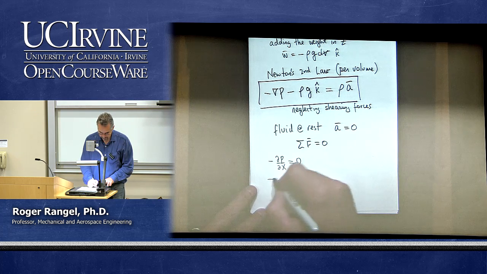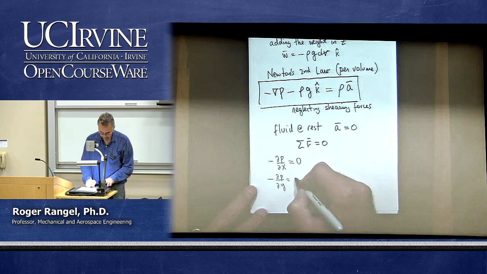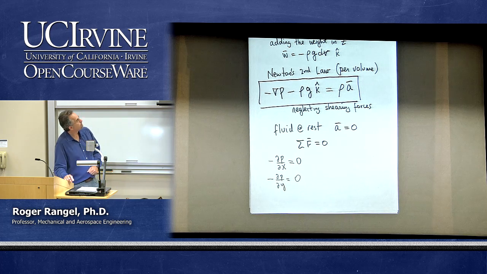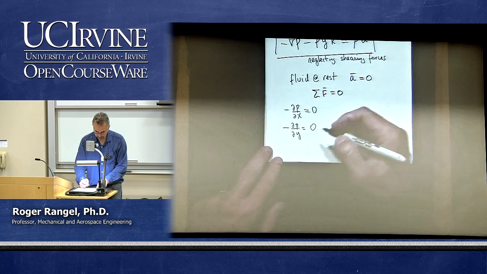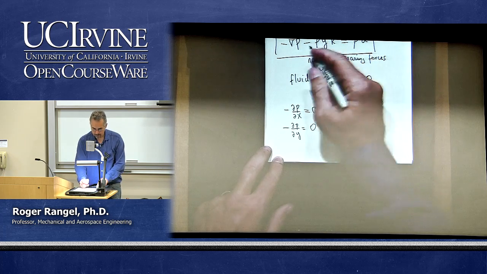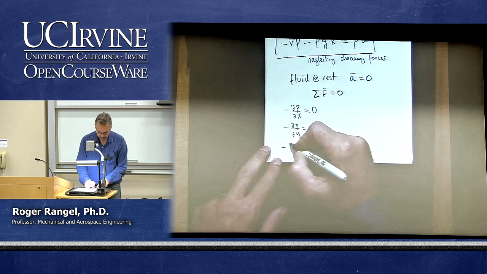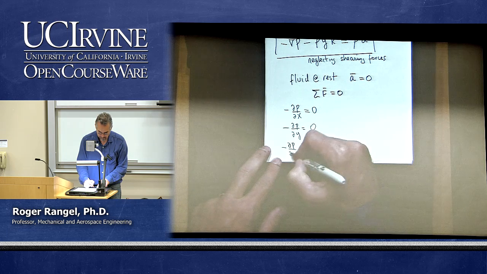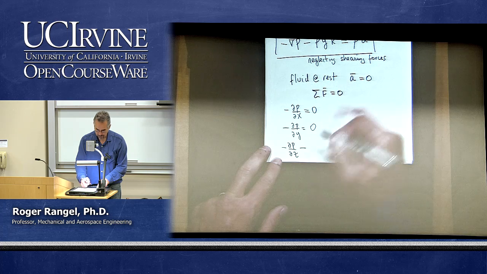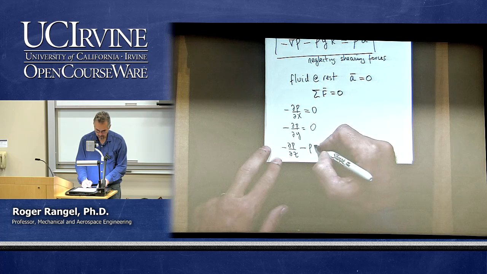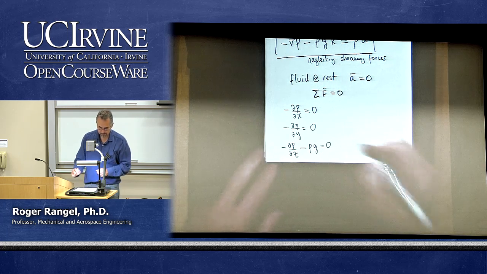The same thing happens in the y direction. And the only direction that has something a little bit more interesting is the z direction, because it has the weight. So in the z direction we find minus dp dz minus rho g equals 0.